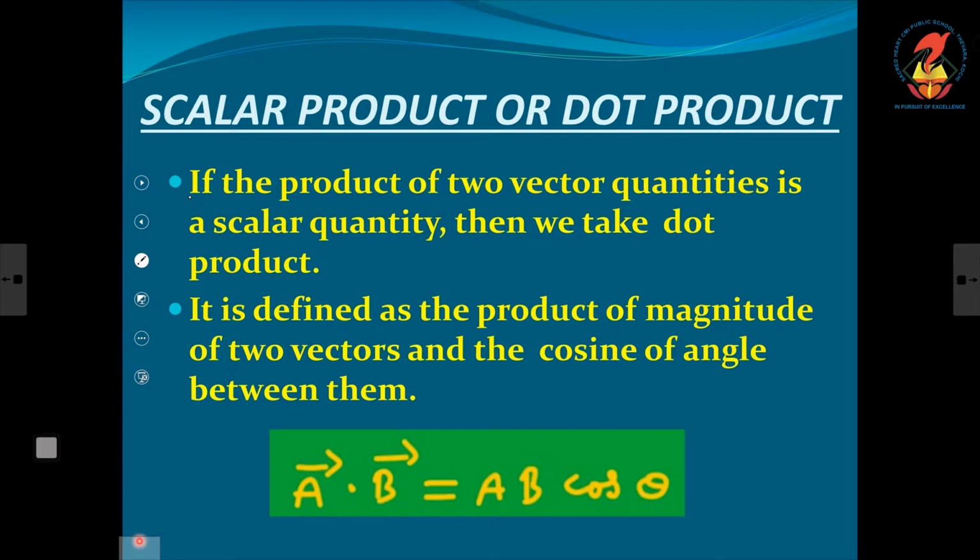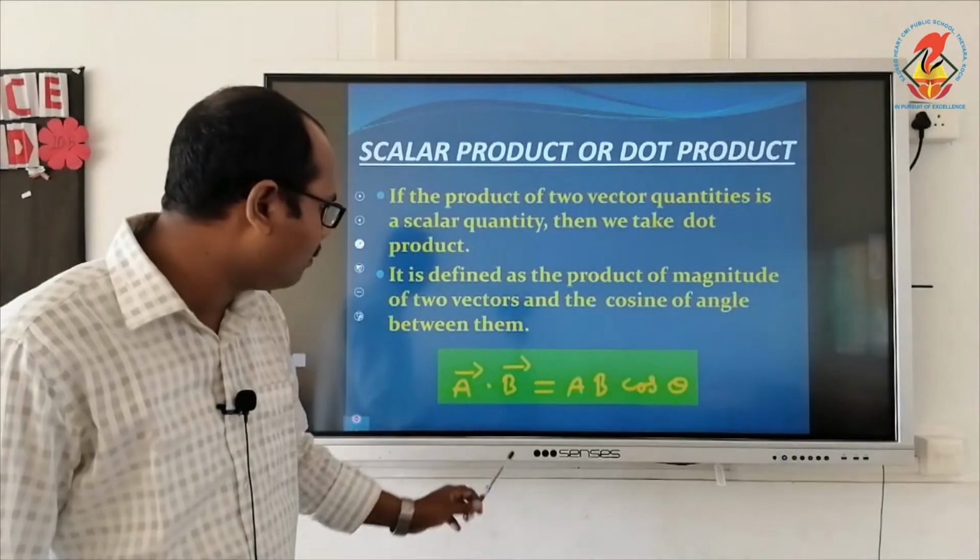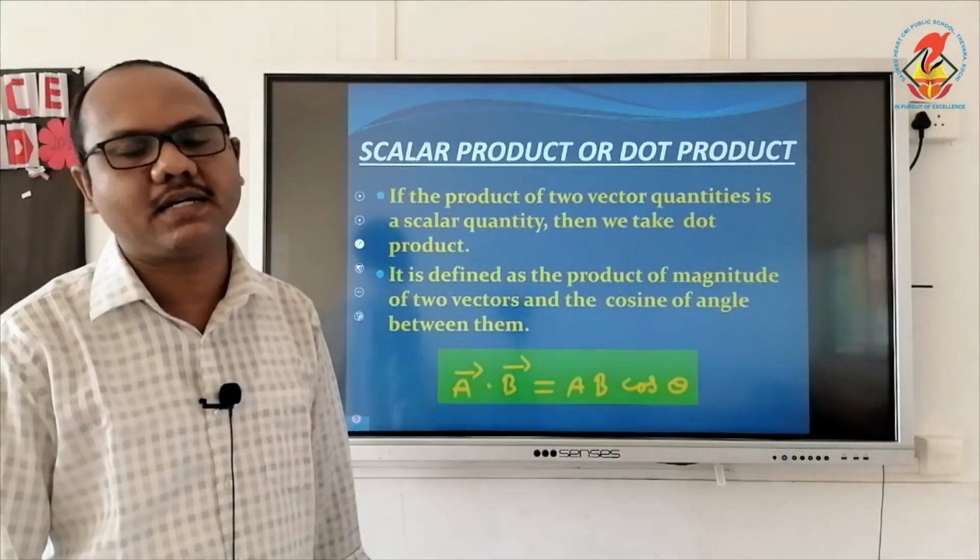Here I have written vector A dot vector B. Don't read it as vector A into vector B. We are learning dot product, so you have to read it as vector A dot vector B. That is equal to magnitude of A into magnitude of B into cos theta. So vector A dot B is equal to AB cos theta. That is the equation.